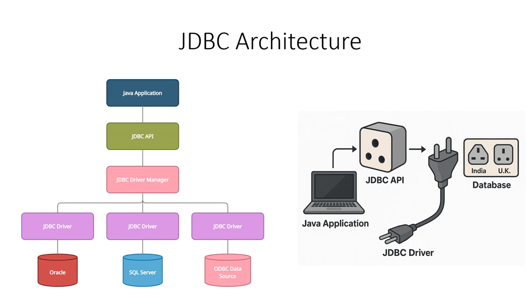If you are in India, it picks an Indian plug, and if you are in the US, it picks the American plug. So the flow is like this: your Java application, the charger, uses the JDBC API as the rules, goes through the driver manager as a traveler kit, and finally connects to the database. That's the power source, right? That's how JDBC connects your Java code to different databases without rewriting the code.